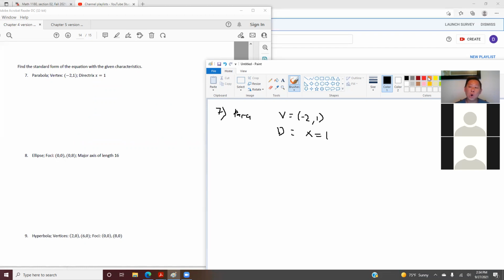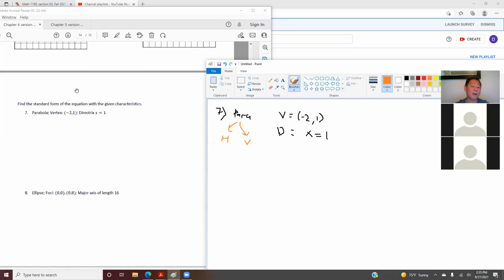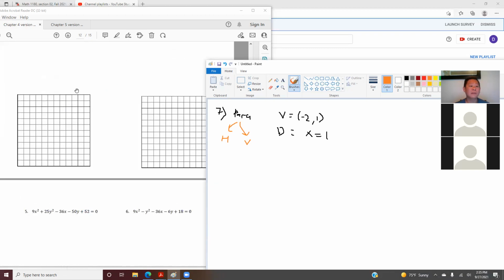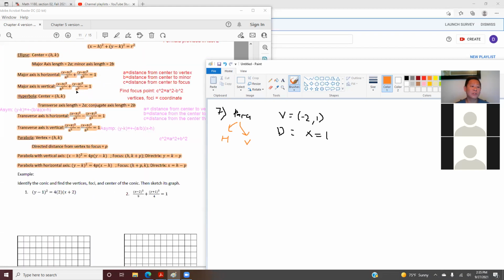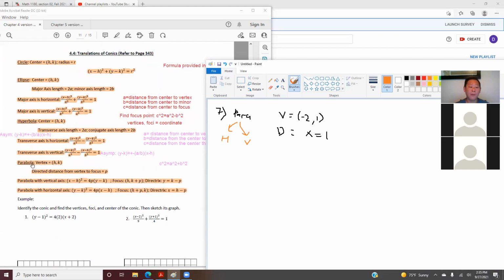So how do we know if this is a horizontal or a vertical one in this case? Let's go back to your formula. This is the formula for the conic section, and we are concentrating on parabola because the question tells us. So which one are we doing here? The vertical one or horizontal one, and which one tells us that? How do we know?